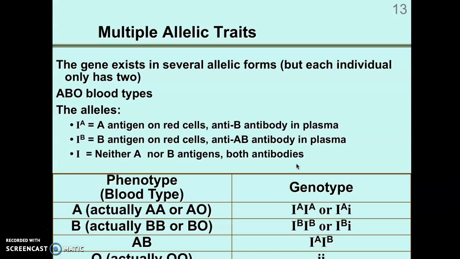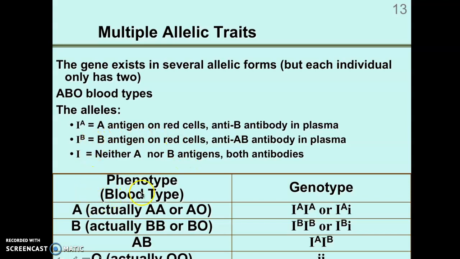This is an example of where we could see more alleles, because we can have A blood, B blood, O blood types, and then AB blood. So there are 4 different types, and so we could have different alleles. We have this I representing an A for the A antigen, an I representing a B for the B antigen, and i by itself means it doesn't have any of the antigens.